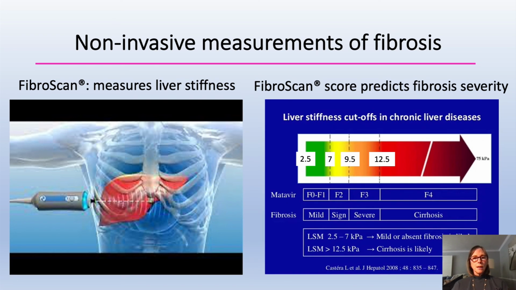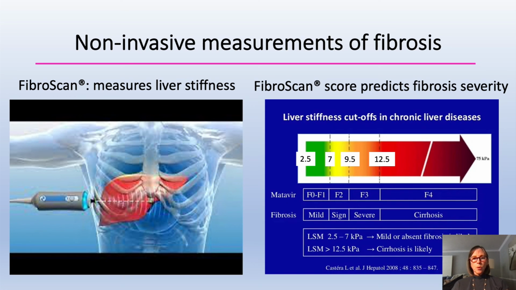So based on this new tool that we've had for a few years now, an additional guidance statement is to monitor for liver scarring on an annual basis with the FibroScan. One word of caution with FibroScan.